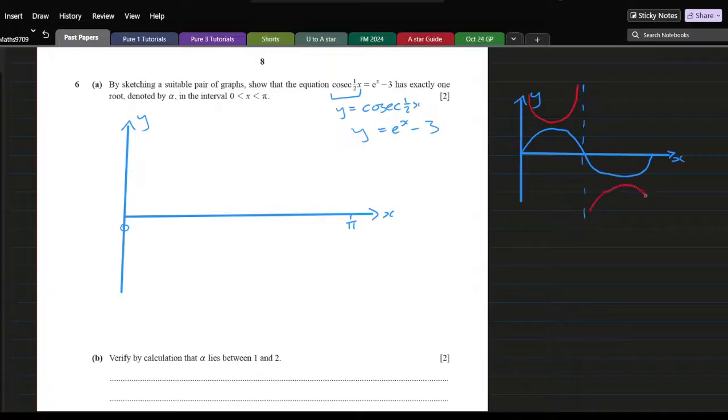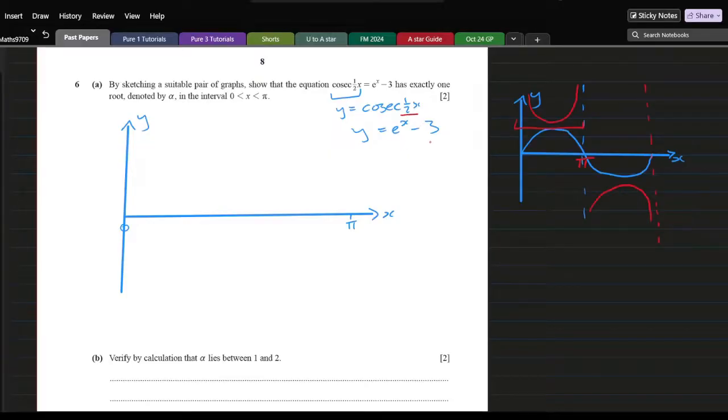Like that. We should have another asymptote at this point, and this here would be pi. Alright, so it would mean that we would only want this part for y is cosec x, but notice this stretch that we have in the x direction.